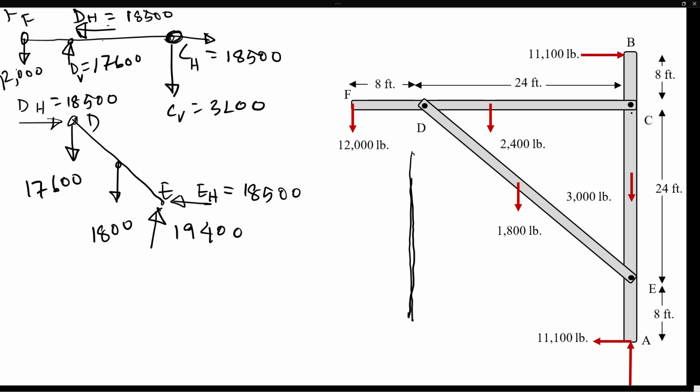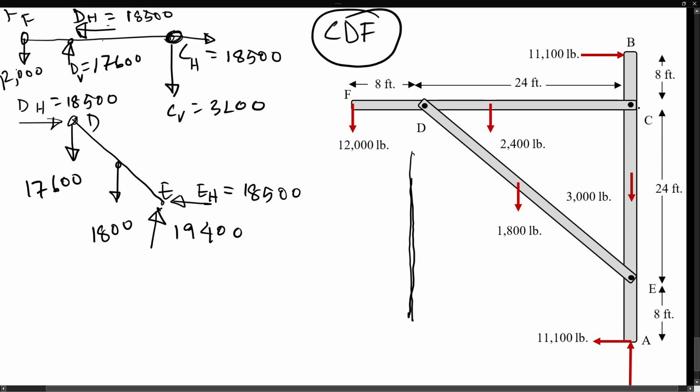So at C, as you can see, for the CDF member, the vertical reaction was acting downward. So for the AEC member, it's going to be exactly the opposite, so upward direction. That will be the 3,200 pounds in upward direction.